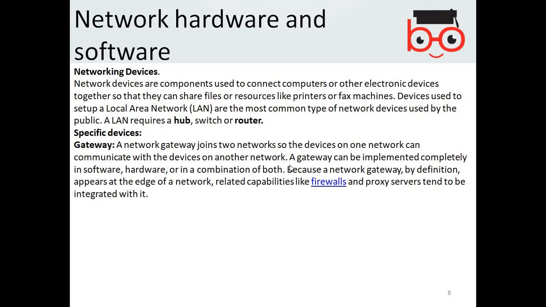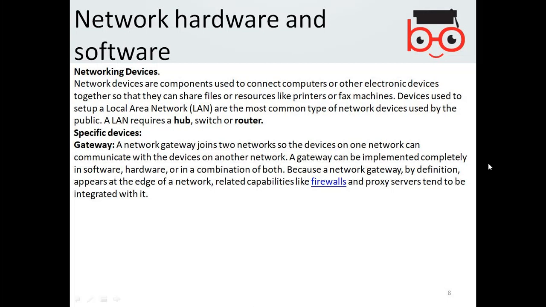And if you are communicating out of your home, to another person or another network, your home network and the home network of anyone else would be connected via a gateway. So a gateway is basically the connection between two networks.